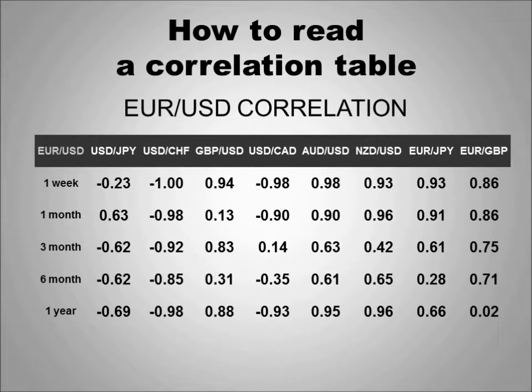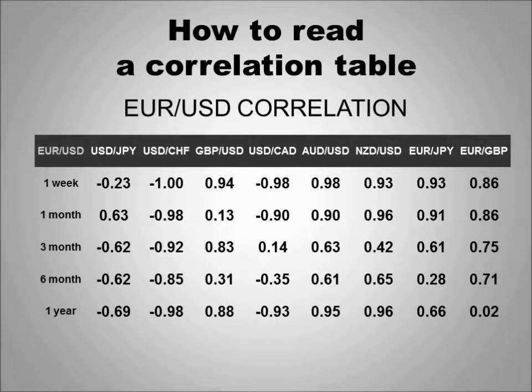Now, we have the euro-dollar pair on top. If you look at this left column, we have some time frames: a 1-week frame, a 1-month frame, a 3-month frame, a 6-month frame, and a 1-year frame. In each other column, we have other pairs, and these pairs will tell us how much of a relation they have with the euro-dollar pair.